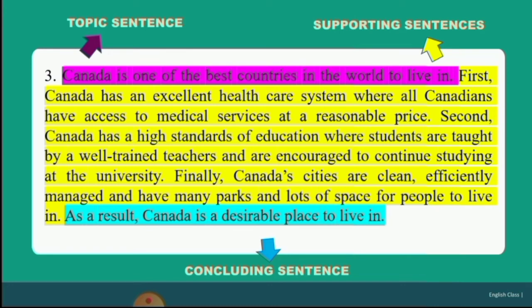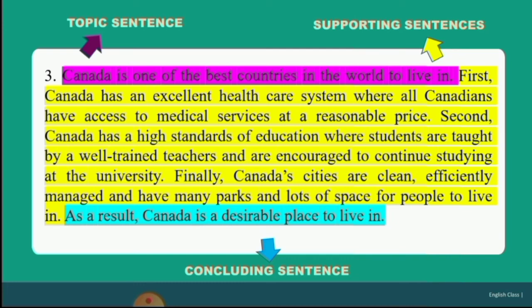And then we have the last one. Our topic sentence here is, Canada is one of the best countries in the world to live in. And then we have the supporting sentences. First, Canada has an excellent healthcare system where all Canadians have access to medical services at a reasonable price. Second, Canada has high standards of education where students are taught by well-trained teachers and are encouraged to continue studying at the university.